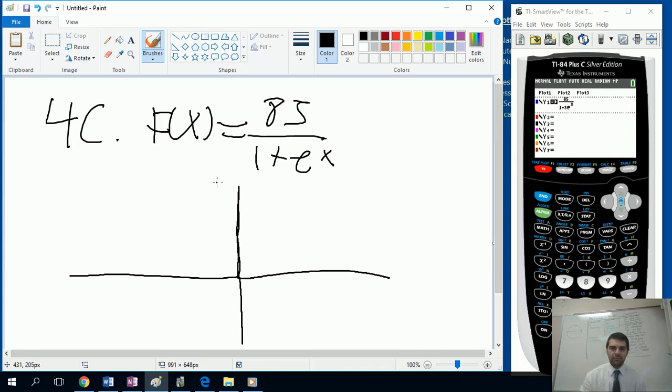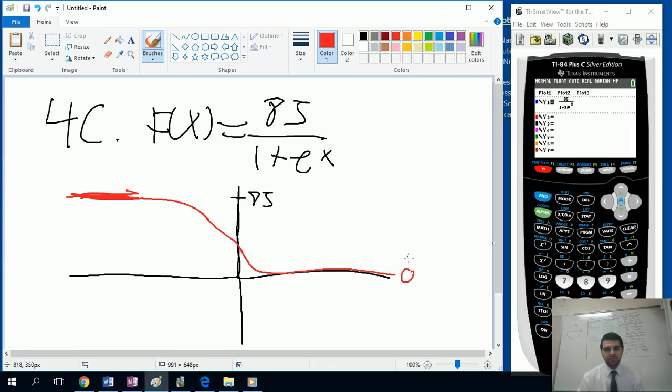All right, the y value is going to be equal to 85. And when x is at very high negative values, it's going to be approaching a horizontal asymptote at 85. And then as you get closer, you kind of have this behavior. And then you're going to approach 0 as x becomes large.